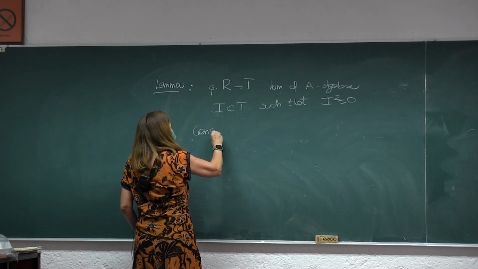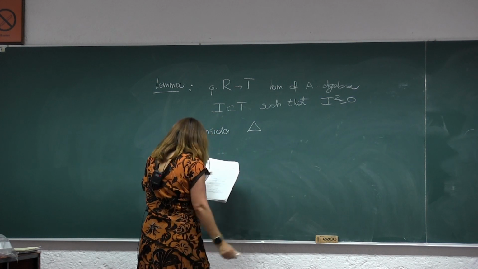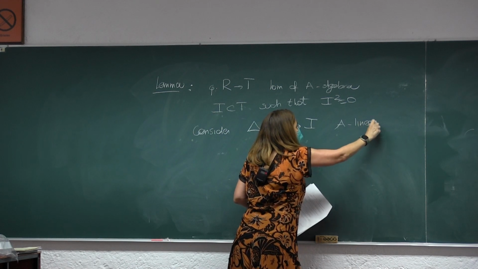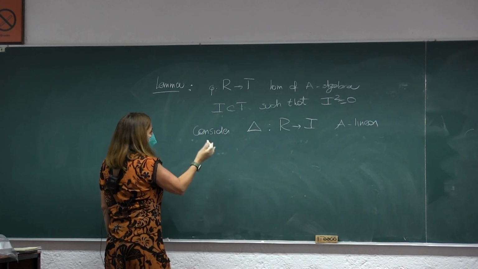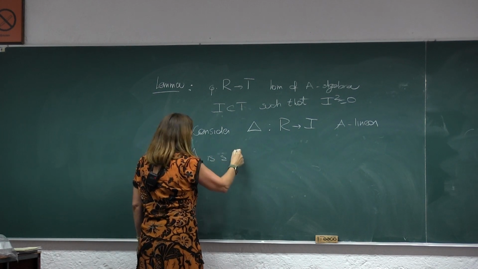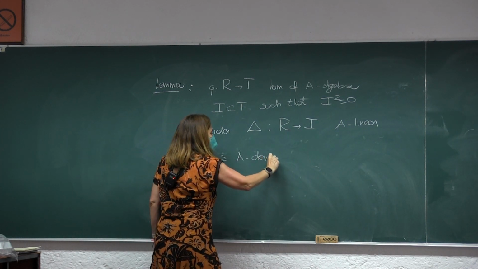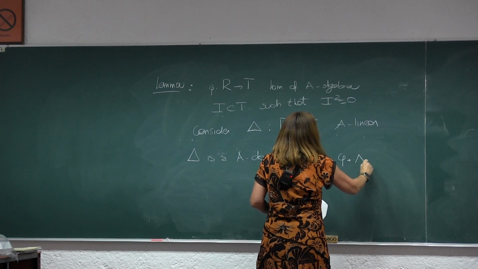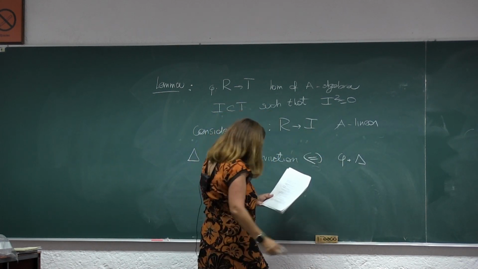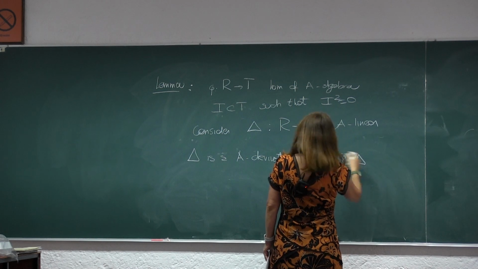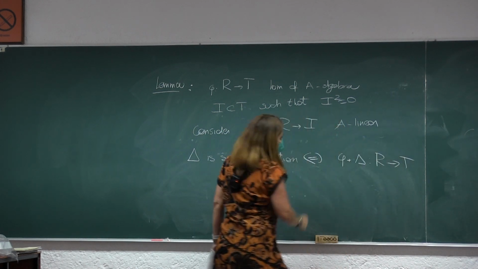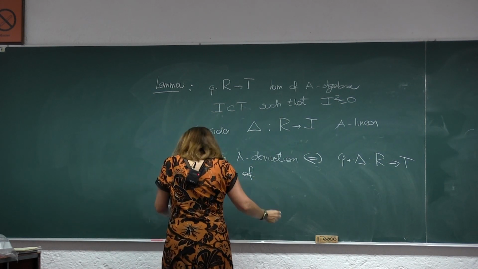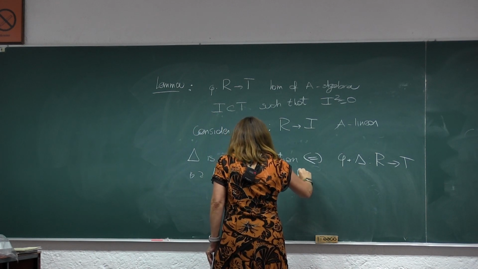So consider the map delta from R to I, and just assume it's A-linear. Then the lemma says delta is an A-derivation if and only if, when you compose phi plus delta, so you do the addition of these two maps, it is a homomorphism of A-algebras. Obviously, this goes from R to T, because I is an ideal.